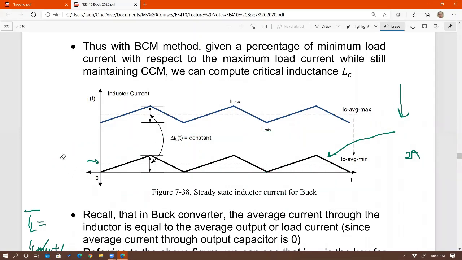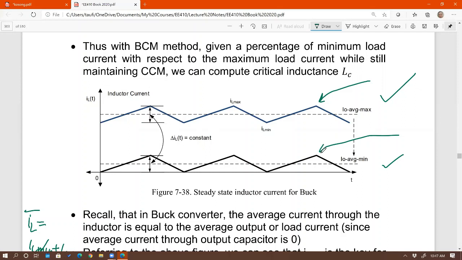Imagine I am changing the output current. I could change it from max value to min value. Every single one will have an IL max. That's IL max at full load. That's IL max at boundary conduction mode, which is our minimum load. Multiple values, infinite values of IL max.